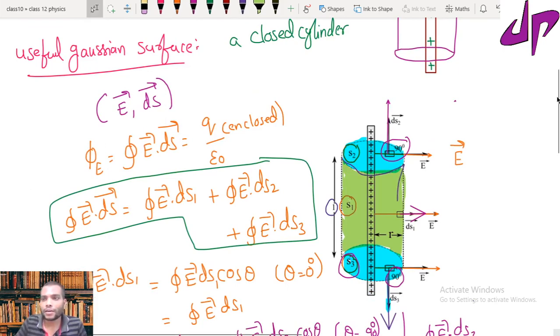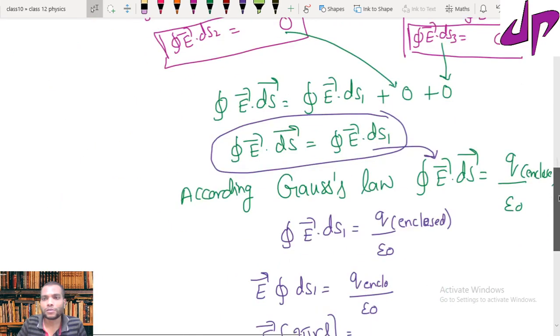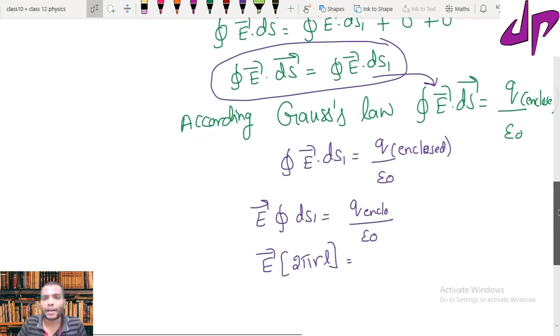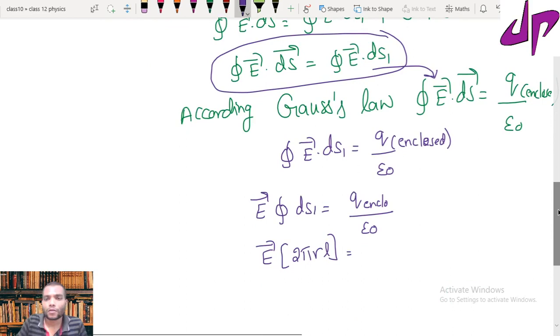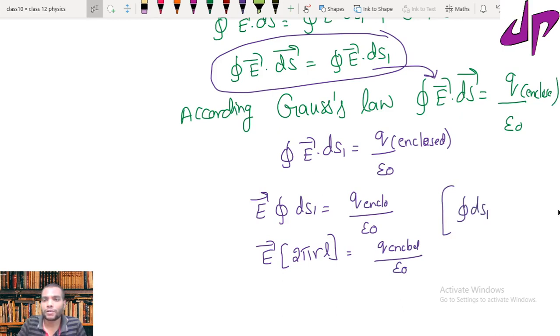So the area of the curved surface, 2 pi r L, gives E bar times 2 pi r L equal to the charge enclosed upon epsilon naught. The closed integral of ds1 is equal to 2 pi r L, the surface area of the curved surface.